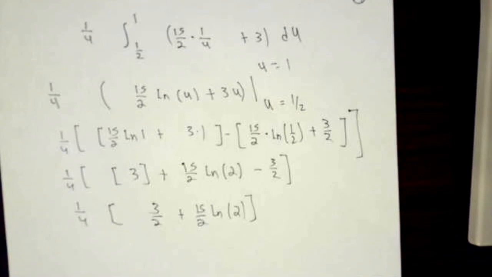Grind through the arithmetic. I made use of the fact that natural log of 1 over 2 is the negative of natural log of 2 here. And if you want your answer in exact form, this would be what you would have. I guess you could take another factor of 1/2 out if you thought it looked nicer.